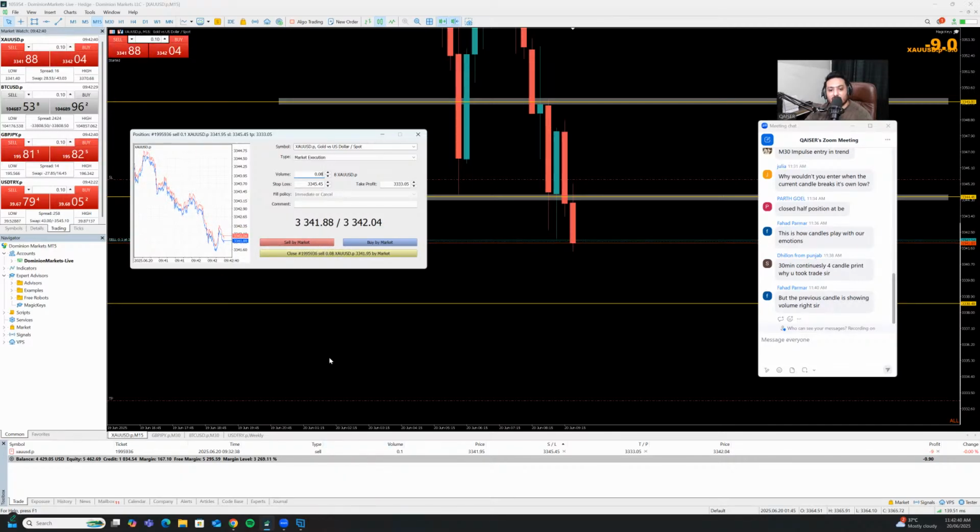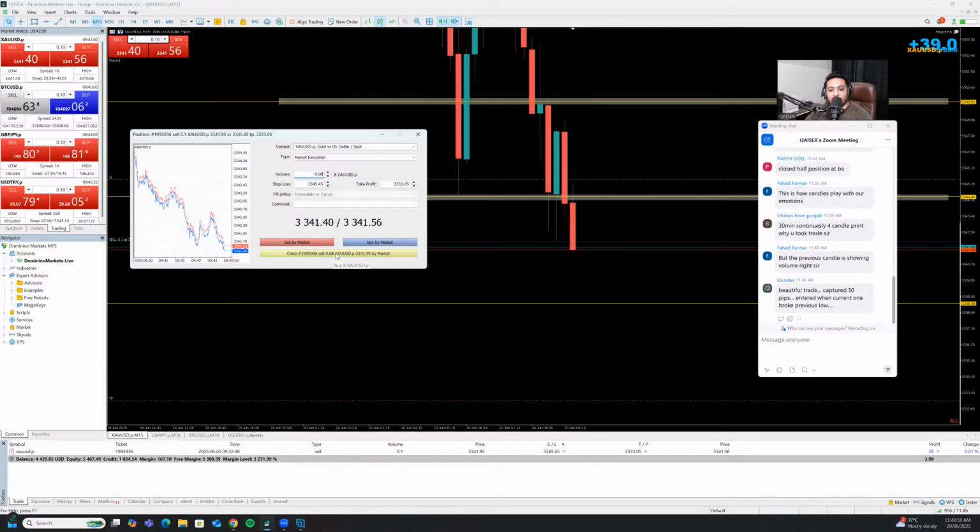Just 3 minutes left for the 50-minute candle to close. All right, so just waiting. If it goes in favor 30 pips, we'll secure 80% position.